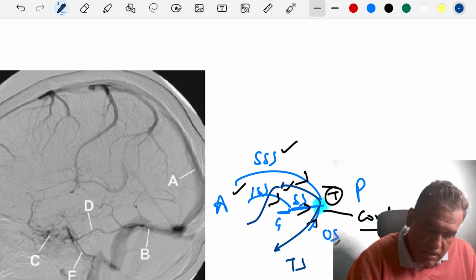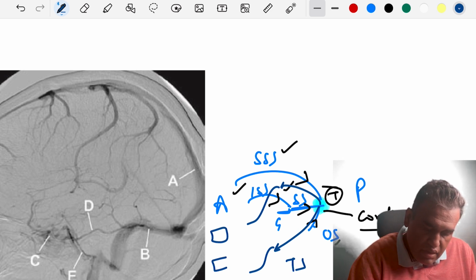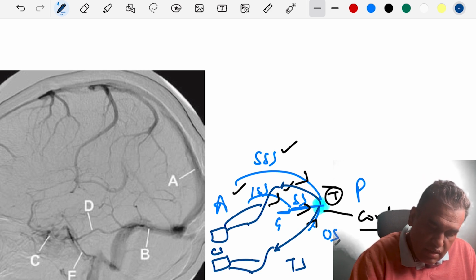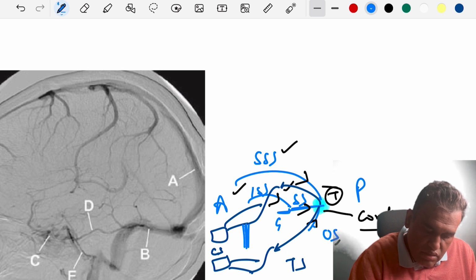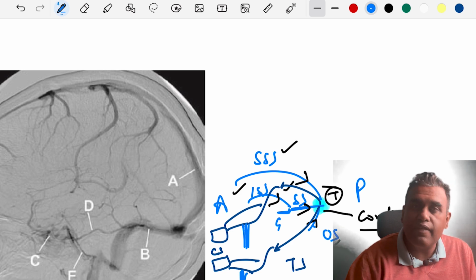These continue as the sigmoid sinus, and they are connected in front by the cavernous sinus. In turn, the sigmoid sinus finally continues down as the internal jugular vein.